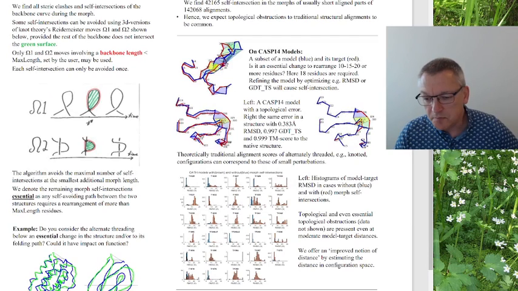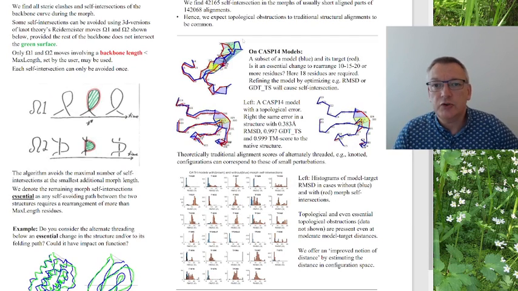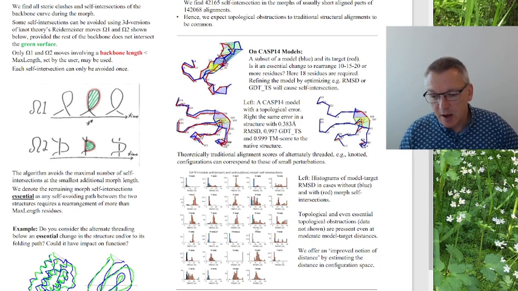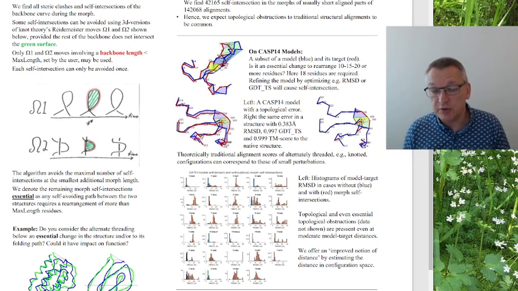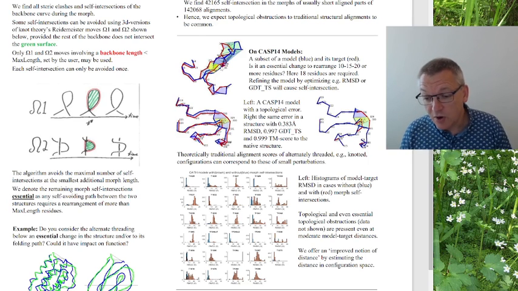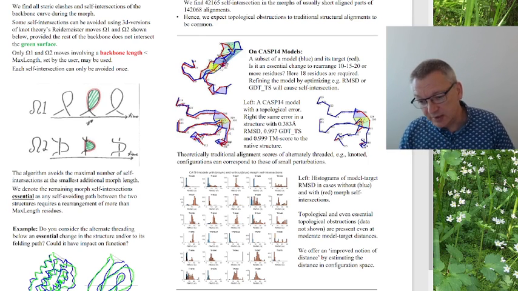If you're interested in protein model refinement, you might find this interesting, because you can see here more than half of all the models submitted to the last CASP are actually separated from the target by self-intersections in the morph. And whenever you have those, you cannot take the direct route down to the target structure, but you need to take a detour that usually would send you out on a larger RMSD or a lower GDT score in order to refine the structure and get down to the native structure.